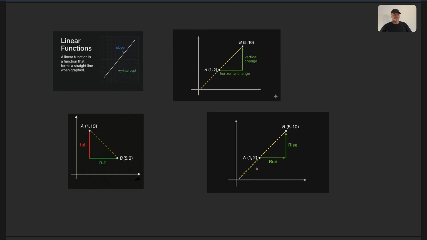So whether you have falling down line direction, the slope is negative, or you have a line that is rising as you scan from left to right, the slope would be the ratio of that difference in y coordinates, which is called rise, or the difference divided by the difference between x coordinates, which is called run.